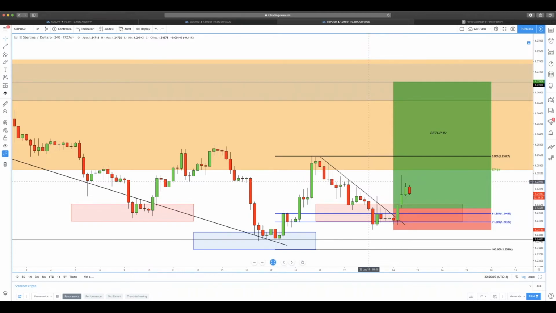So I don't want to risk anything, and I advise you, if you are in this trade, we are now 27 pips in profit, to move the stop loss to break even, first of all, to not risk anything, because in this situation, we can have strong news at any moment that can ruin our trade. So for this reason, move the stop loss to break even if you have this trade open.